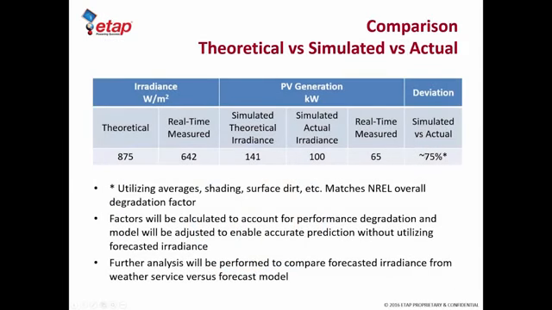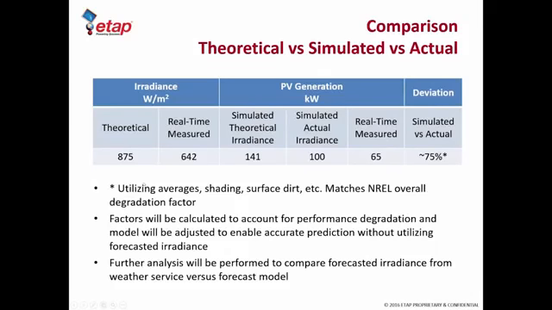So we can see that there's an approximately 65 to 75% difference between what we are simulating versus what's actually happening in the system. Now, why is there a difference? It kind of matches up with that NREL factor that I was mentioning earlier, 0.75. But why does that happen?